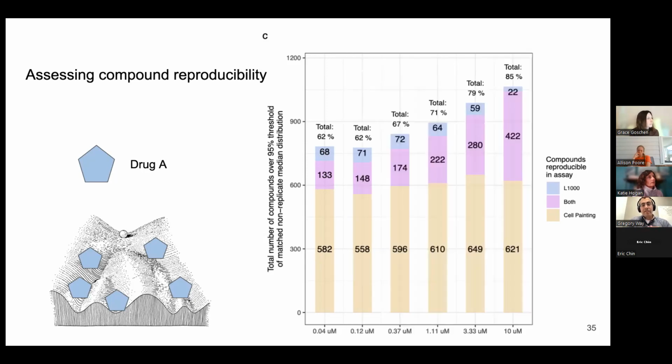Unsurprisingly, as you increase the dose, you increase the reproducibility all the way up to 10 micromolar, where you get 85% of the compounds you measure reproducibly. But still, consistently, cell painting tends to outperform L1000 in terms of reproducibility.